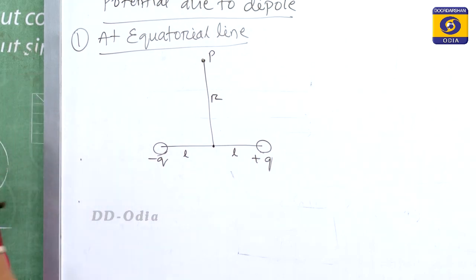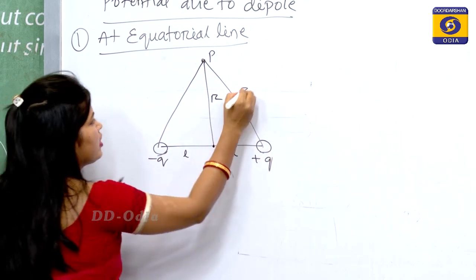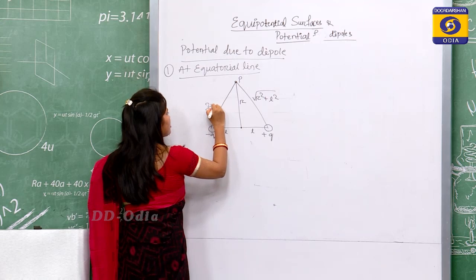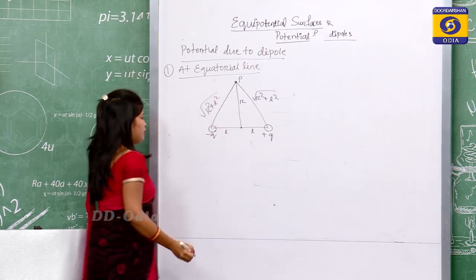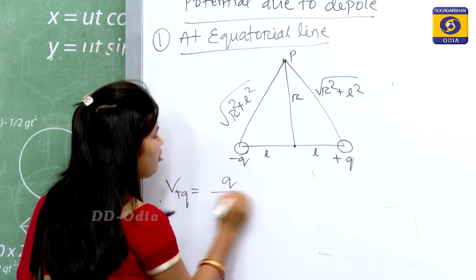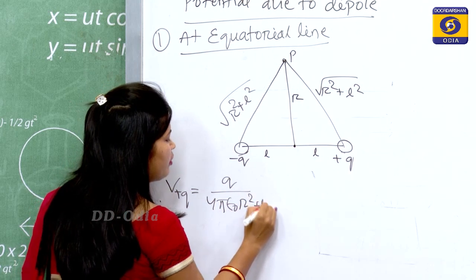Then the distance from each charge is the square root of r square plus L square. Potential due to plus q is q upon 4 pi epsilon naught times the square root of (r square plus L square).